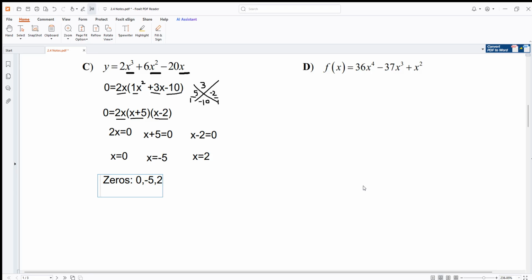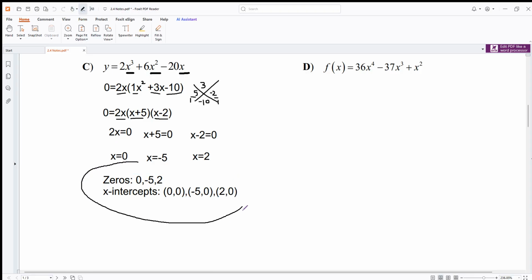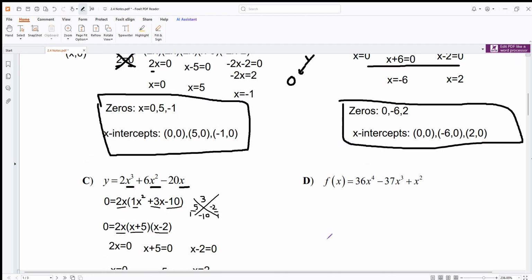If I want to look at what are the x-intercepts, that'll be first x value, comma 0, next x value, comma 0, next x value, comma 0. Okay, there you go.